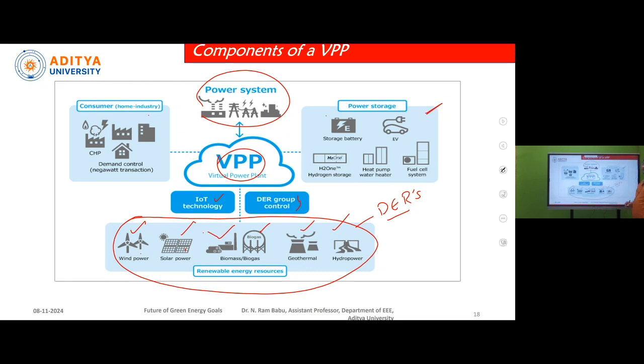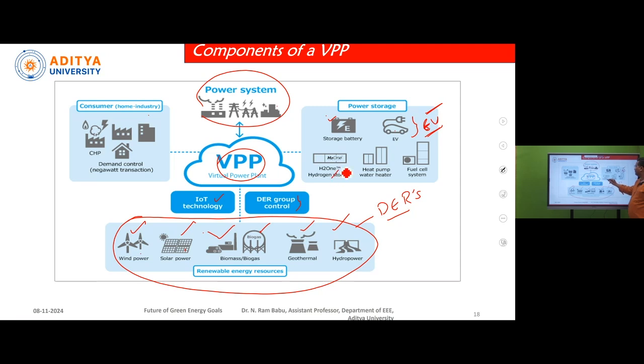And here you can also observe the power storage systems. Power storage, in the sense, means battery storage systems. So here a battery storage system is provided. And apart from battery storage devices, there are electric vehicles. Nowadays, we consider electric vehicle technology as a battery storage system, because electric vehicles work on batteries. The major component is the battery itself. So for that purpose, we consider the electric vehicle as a battery storage system.